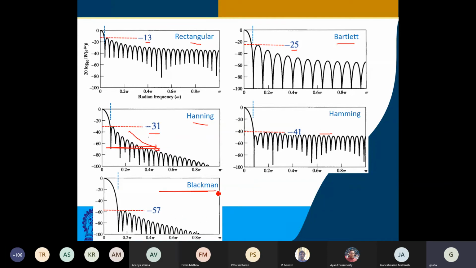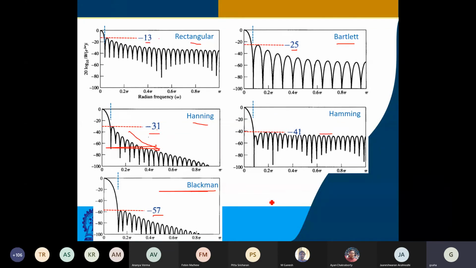Blackman, the one extreme that you had, minus 57. The first side lobe is minus 57 down. That will be deciding the stop band attenuation. So this is minus 31, minus 41, minus 25, minus 13. So this is one set of observation.